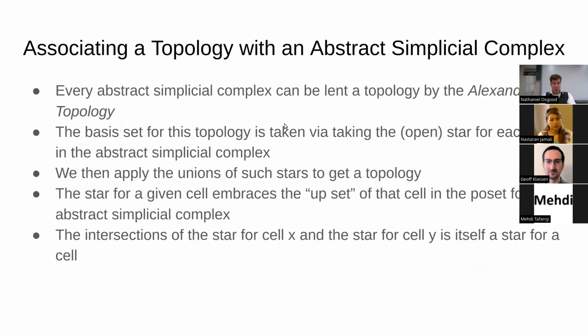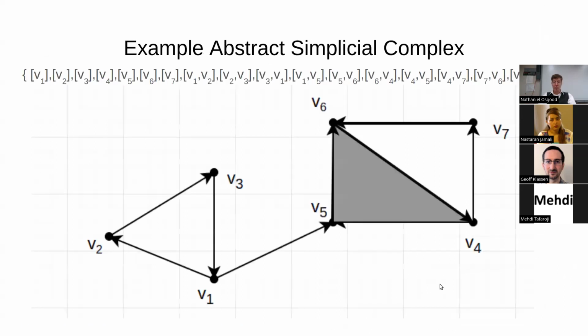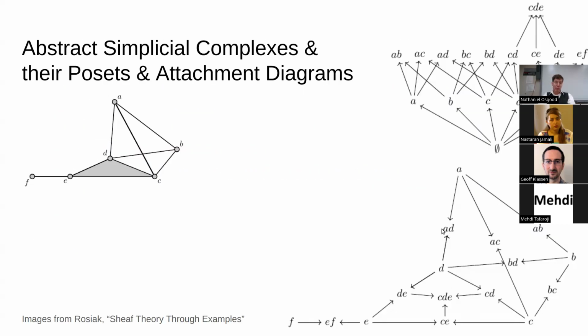Okay, so every abstract simplicial complex, like this one, like this one here, like this one here, which is encoded here, can be associated, or mathematicians would say associated to, a topological space.